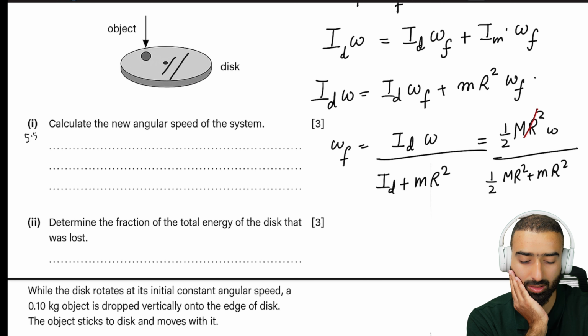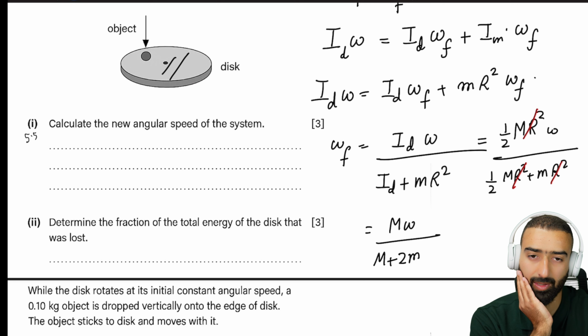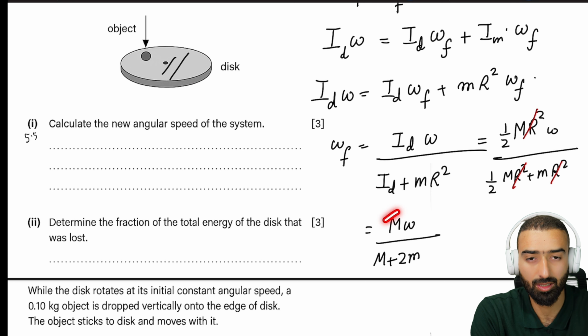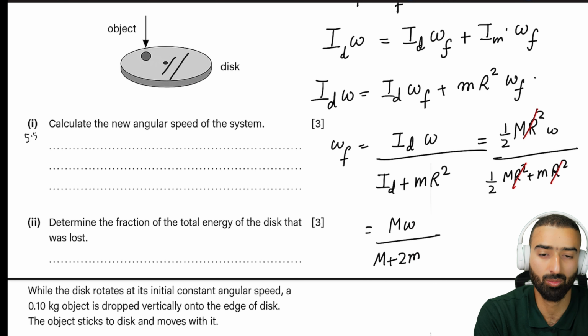R square cancels throughout, and we can rearrange this equation and get M omega divided by M plus 2m. Alright, we know the mass of the disk, we know the mass of the object that fell onto the disk, we also know the initial angular momentum.